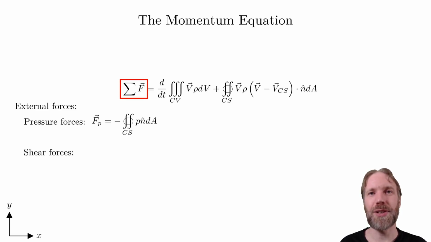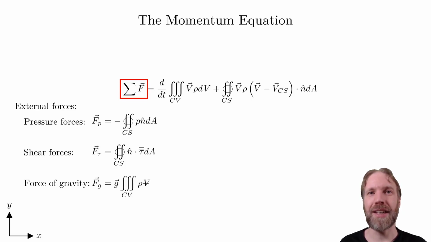A second force we talked about is from the shear stress. This can also be calculated by integrating over the entire surface. A third common force is gravity, which is mass times acceleration of gravity. Here I have written mass as density integrated over the control volume.